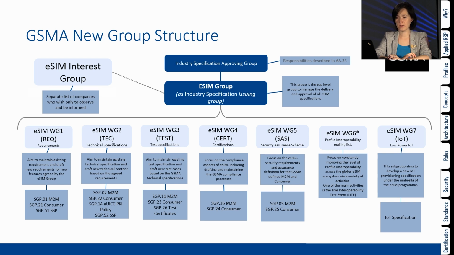SGP.16 and SGP.24 are specified in working group 4. Protection profiles, logically, are in working group 5, the security group, with SGP.05 for M2M and SGP.25 for the consumer devices.